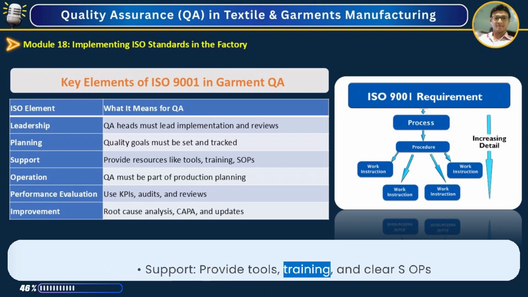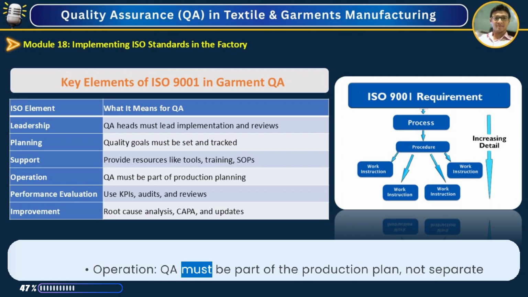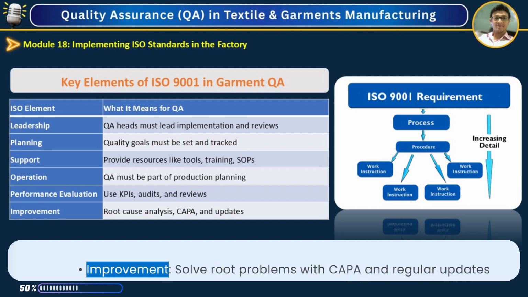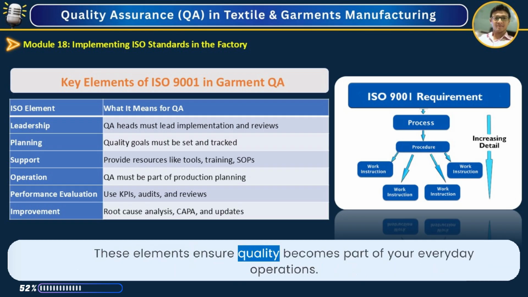Provide tools, training, and clear SOPs. Operation. QA must be part of the production plan, not separate. Performance evaluation. Use KPIs, audits, and data. Improvement. Solve root problems with CAPA and regular updates. These elements ensure quality becomes part of your everyday operations.